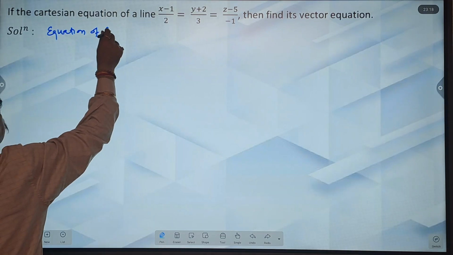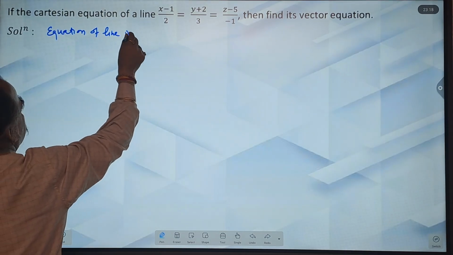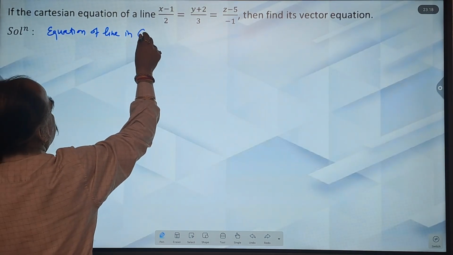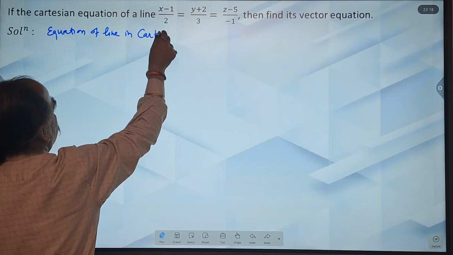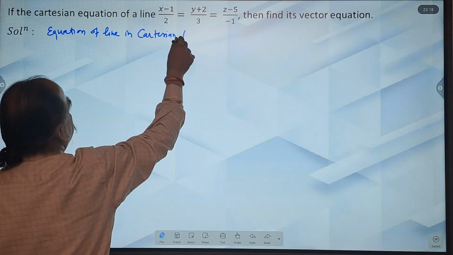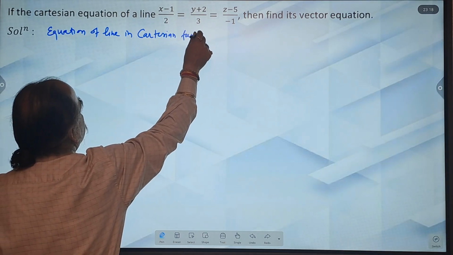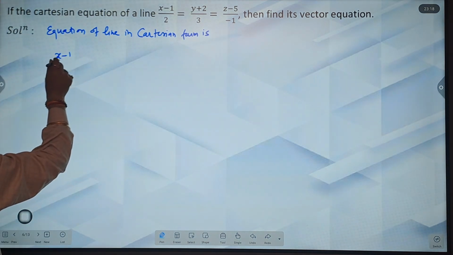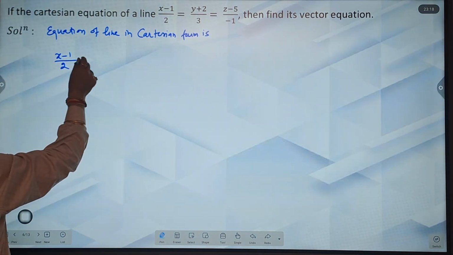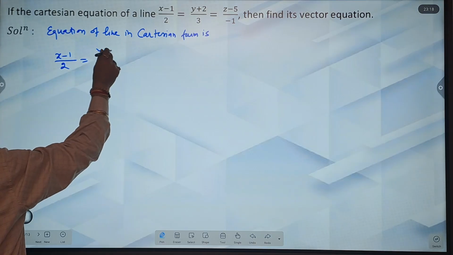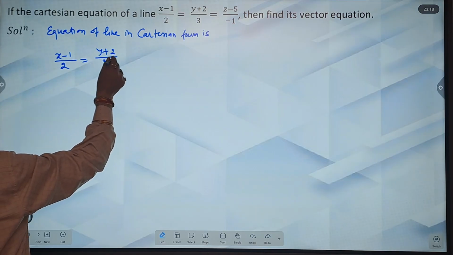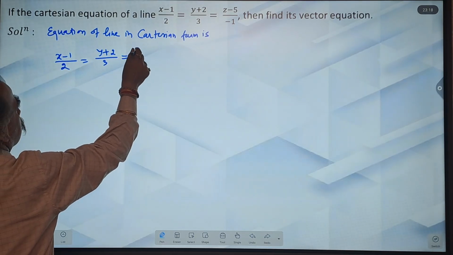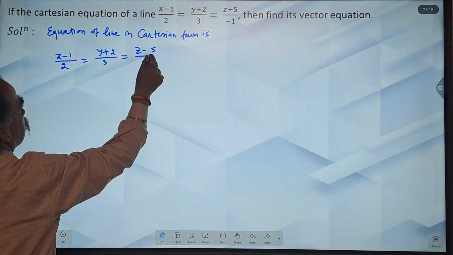Equation of line in Cartesian form is x minus 1 upon 2, y plus 2 upon 3, z minus 5 upon.